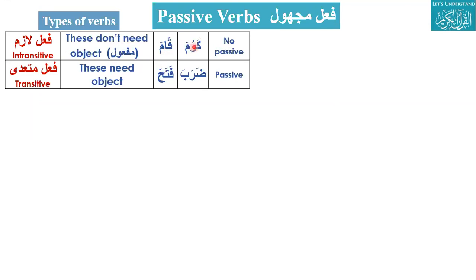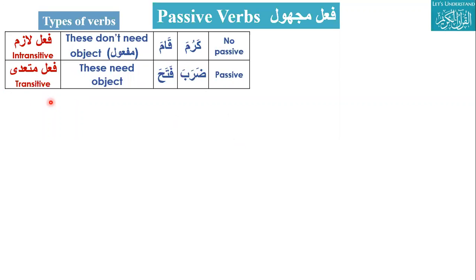So for fail lazim, we do not make passive voice. There are some conditions that they can get maf'ul also. But generally these do not have passive voice, and fail mutaaddi have passive voice. So we would only learn fail mutaaddi that can take maf'ul and they have passive voice.